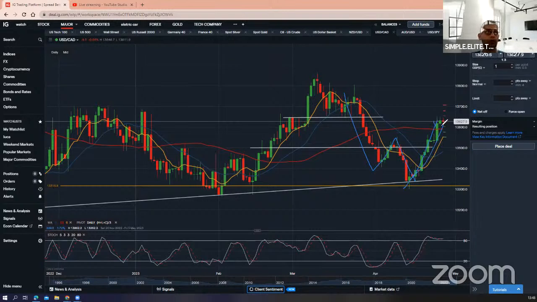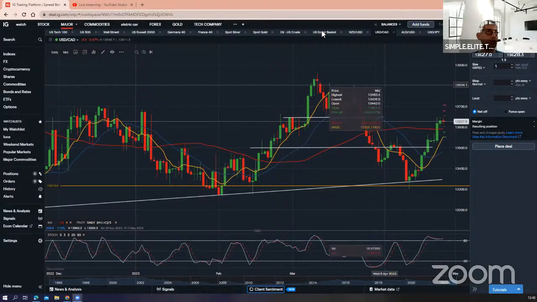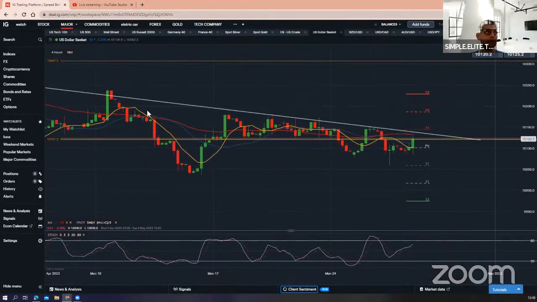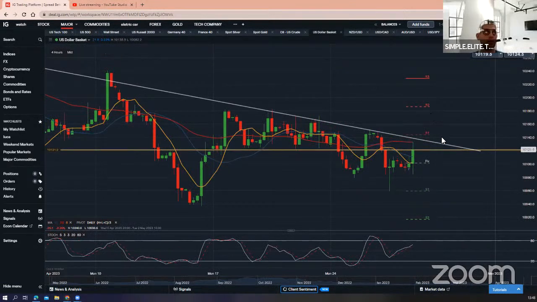So I would like to see a little bit of pullback at this area, 135, and then I'd consider going long, but it's not on top of my list at the moment. But to be a buyer on dollar, I still want to see this trend line break. That's why I say maybe it's ready for tomorrow. So if today it's going to break and stay above, I'm happy to be a buyer of dollar. So that's it for the indices and forex.